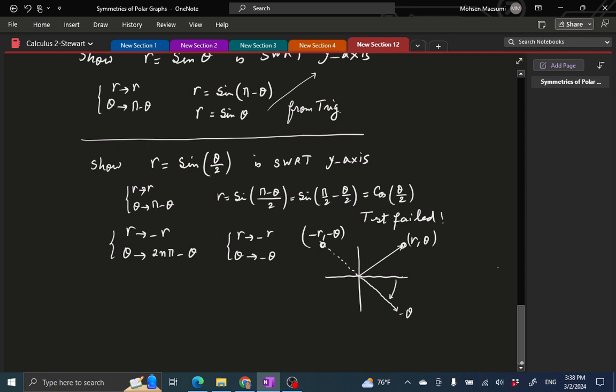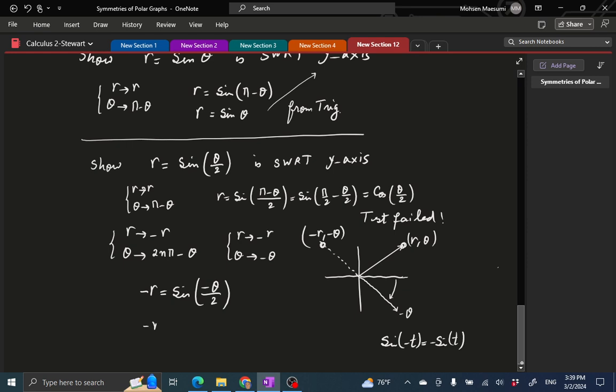So now I go ahead and do this. Instead of r, I put minus r. Instead of theta, I put minus theta. Is this equation equivalent to what we had? Yes. Simply by remembering an identity that sine of minus theta is equal to minus sine of theta.